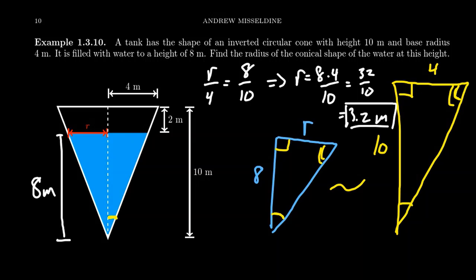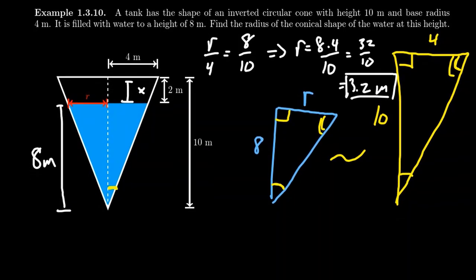Suppose we want to next find the radius R when the height of the water is itself a variable. What if we allow the gap between the top of the tank and the water level, what if we call that X? So in the example we did first, if the height was 8, then X was equal to 2. So what if we allow that variable to come into play right here?